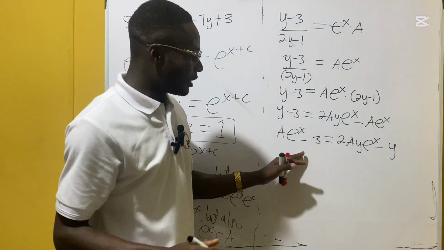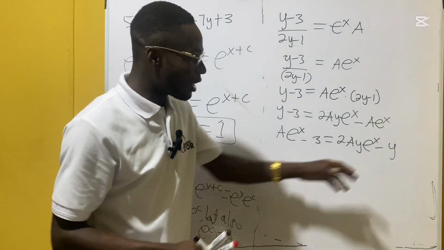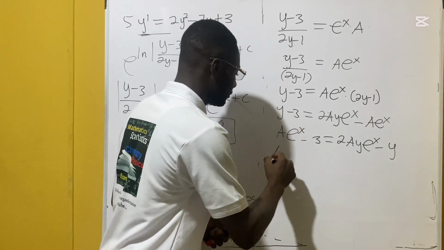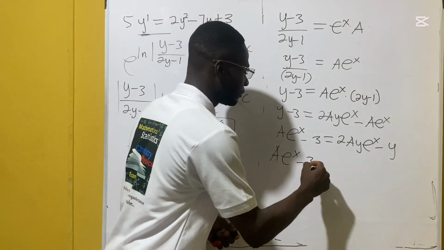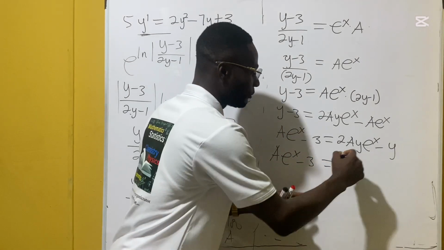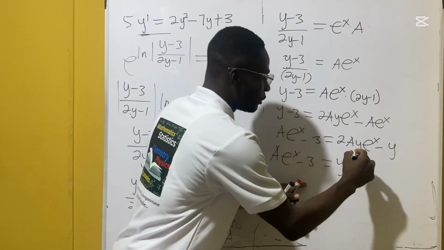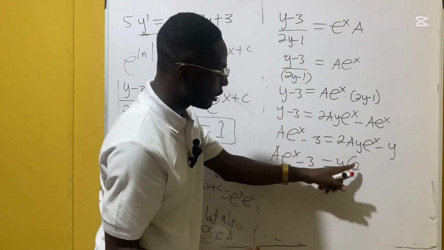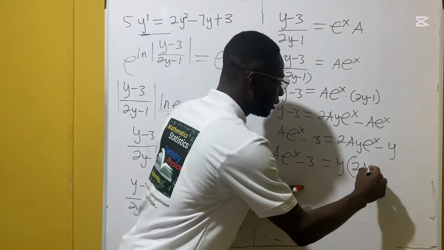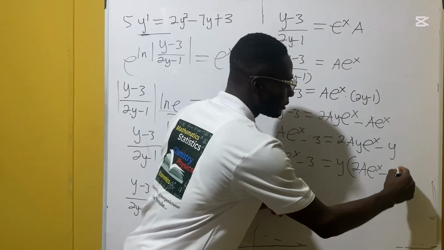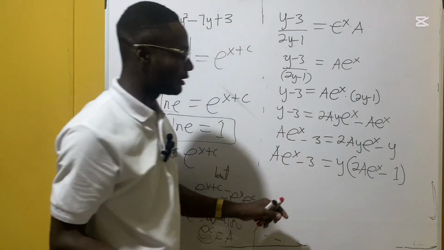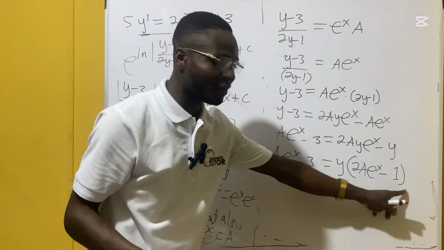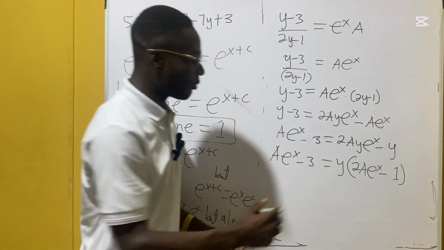So once we are done with this, because we are interested in y, we make y the subject from here. So y out, 2y, we have 2a e power x minus 1, right? So we need y, so we divide by the combined function.